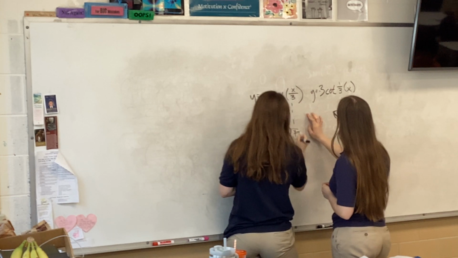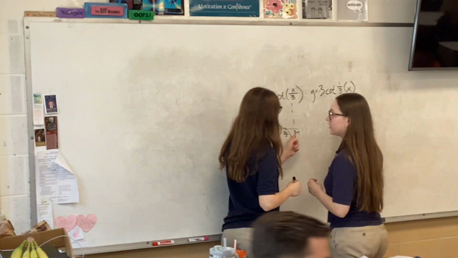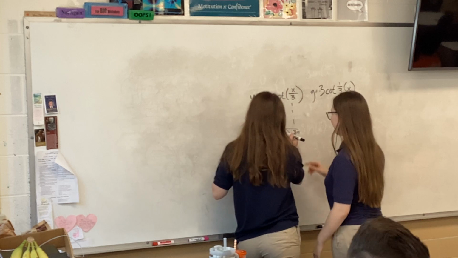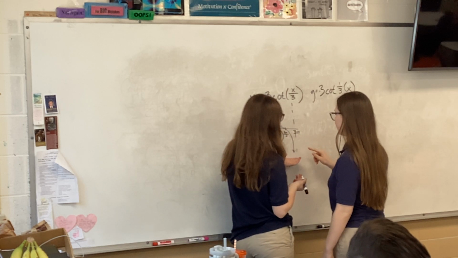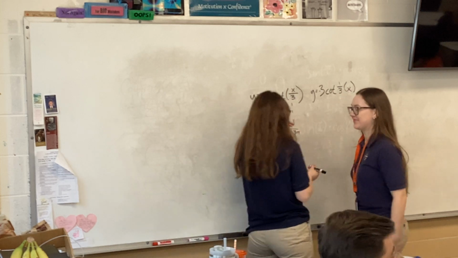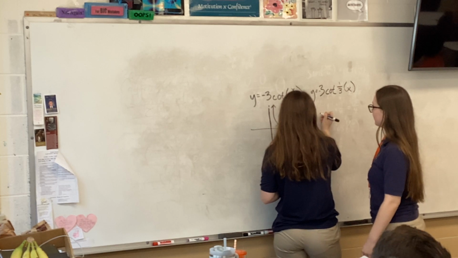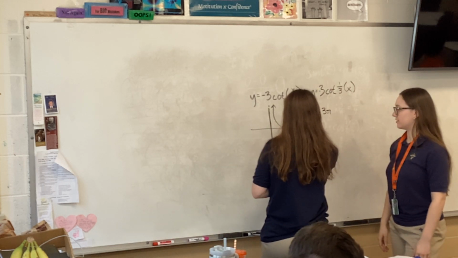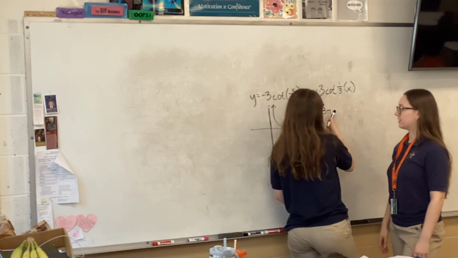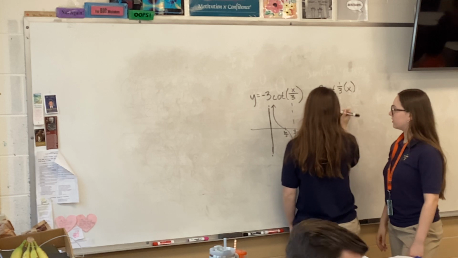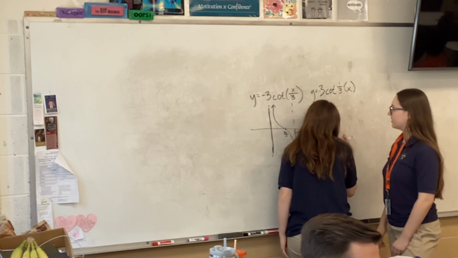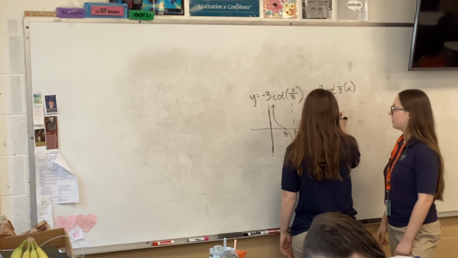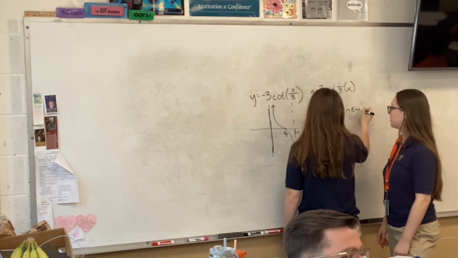Where are the asymptotes? I know that. That's what I meant when B is 1/3, like the period.